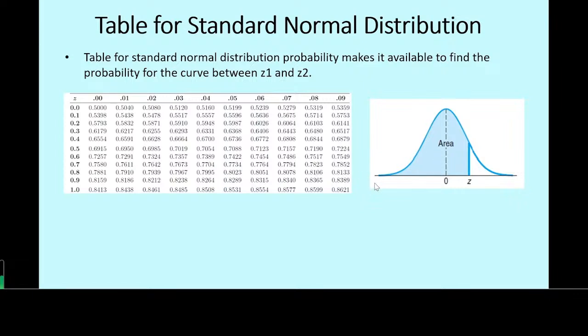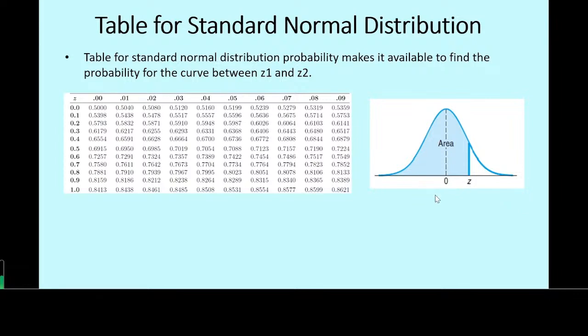This is the density curve for the standard normal distribution, centered at mean 0. The shaded area up to any z value is the probability that the random variable lies between negative infinity and that z value.